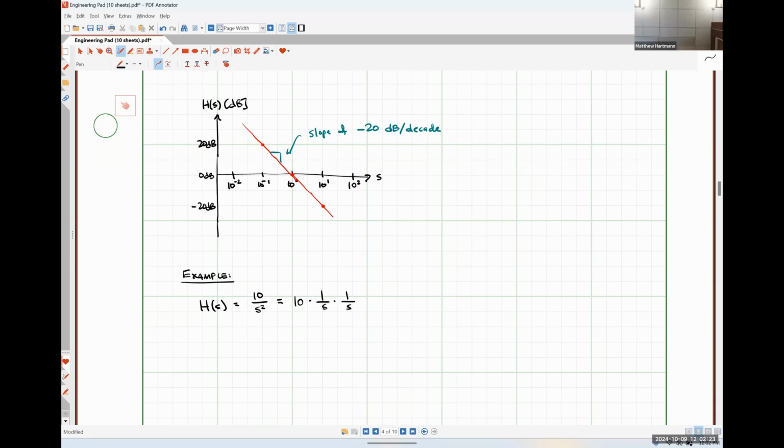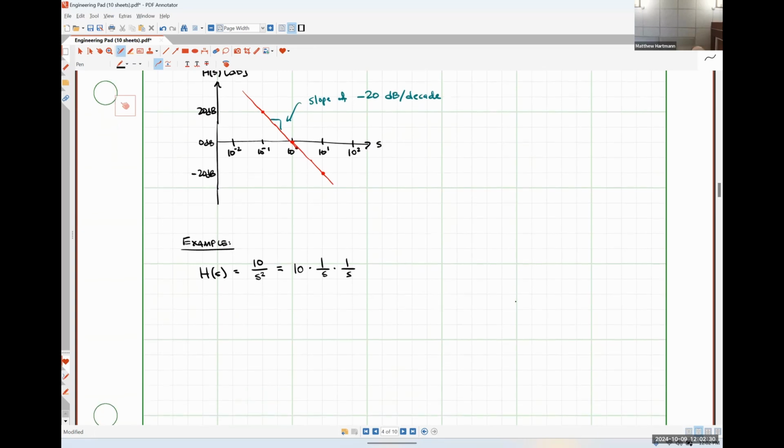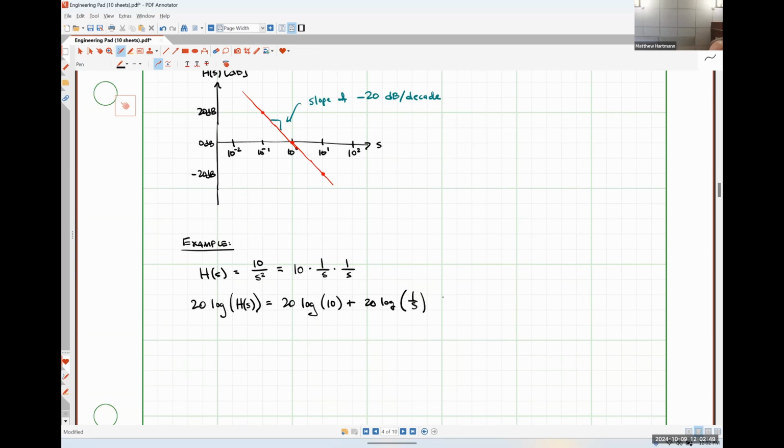Now, the reason why I'm doing it like this is because when I'm trying to find my frequency response plot, I'm going to have effectively 20 log of H of s, which is going to look like 20 log of 10 plus 20 log of 1 over s plus 20 log of 1 over s.